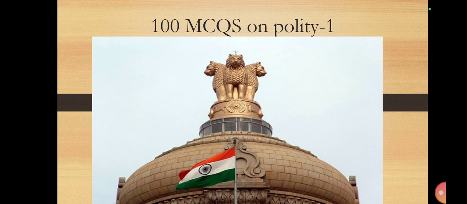The Commission also has four ex officio members: the chairman of the National Commission for Minorities, the National Commission for SCs, the National Commission for STs, and the National Commission for Women. The chairman and the members hold office for the term of 5 years or until they attain the age of 70 years, whichever is early.